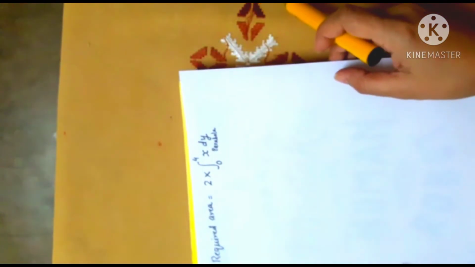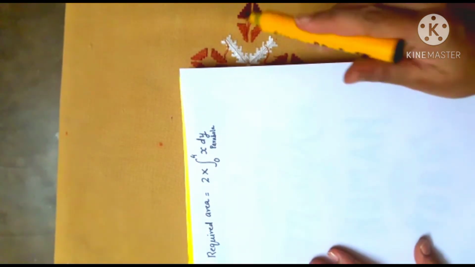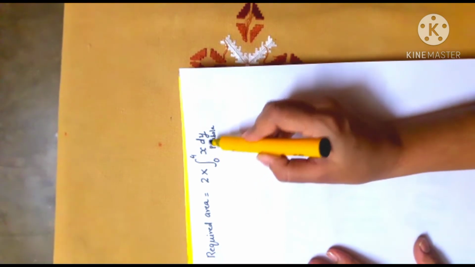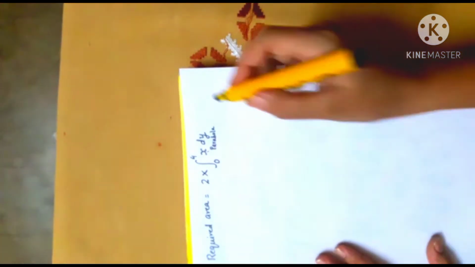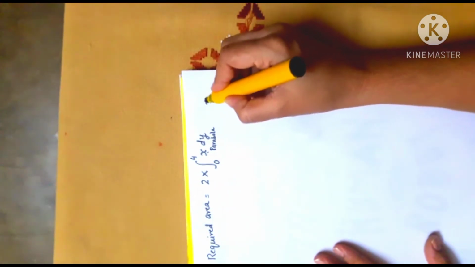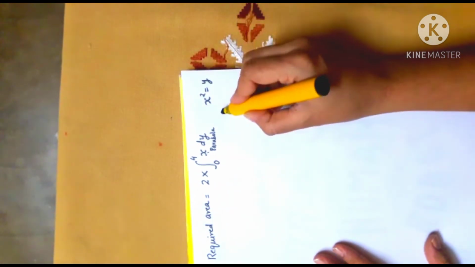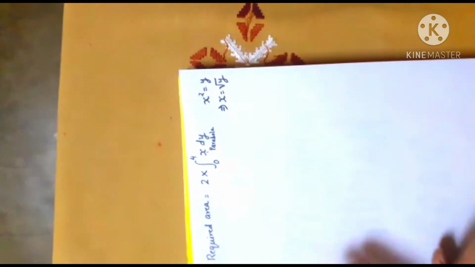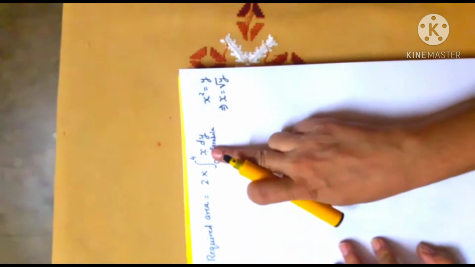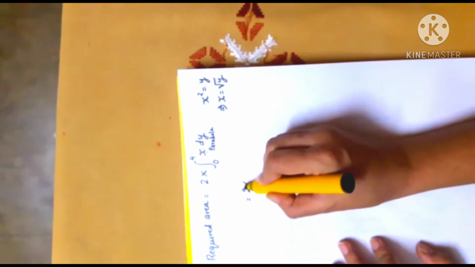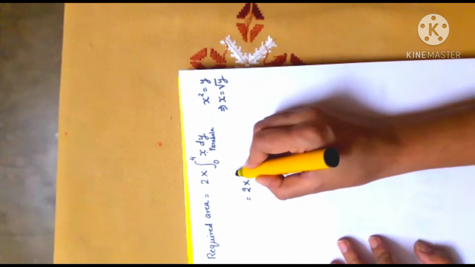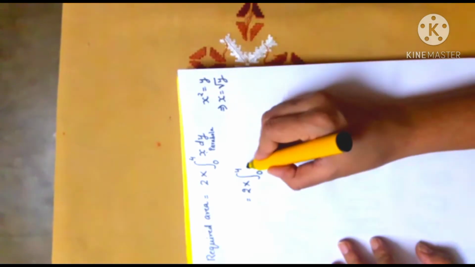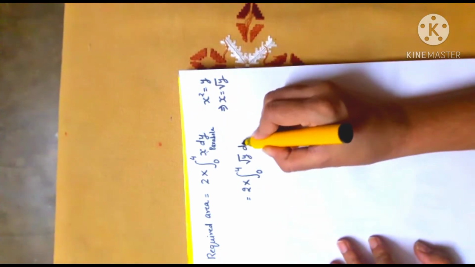So required area is given by this. Now the point x, y lies on the parabola. So this x will be x of parabola, right? Now equation of the parabola was x square equals y. So this implies x of parabola will be square root of y. So I put this value here. So I'll get 2 into integral 0 to 4. X of parabola is root y.